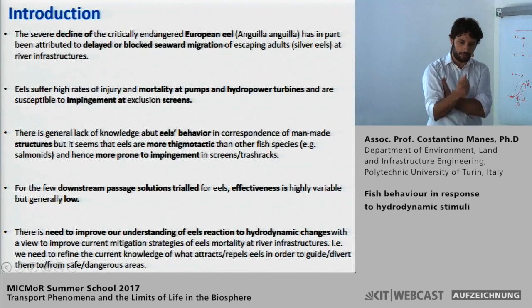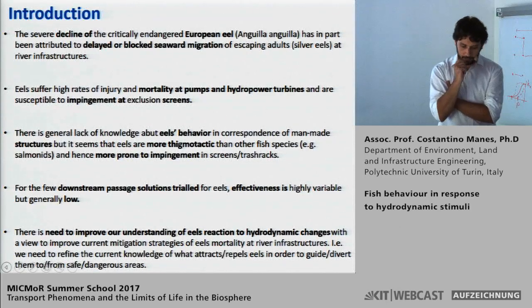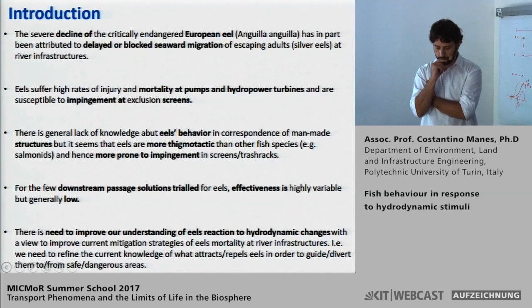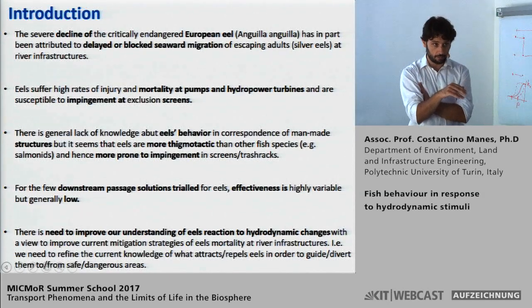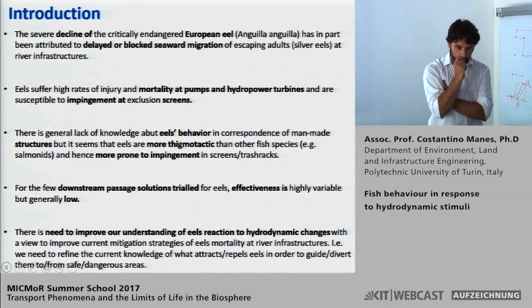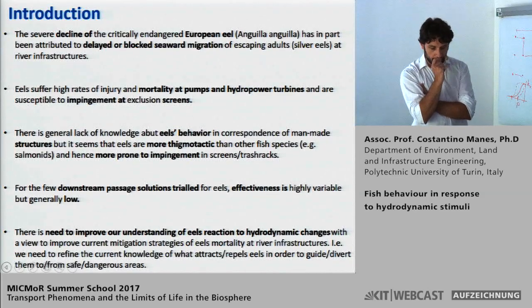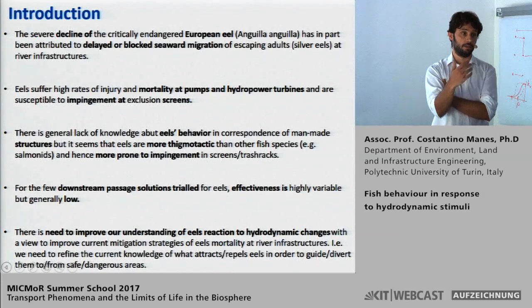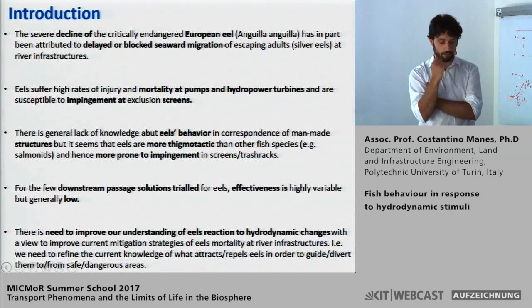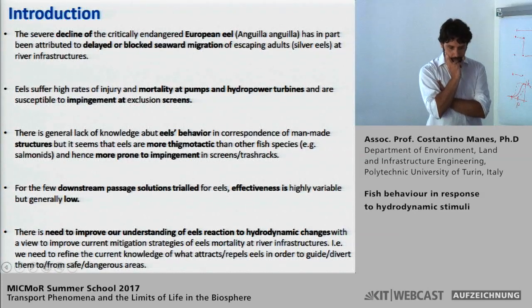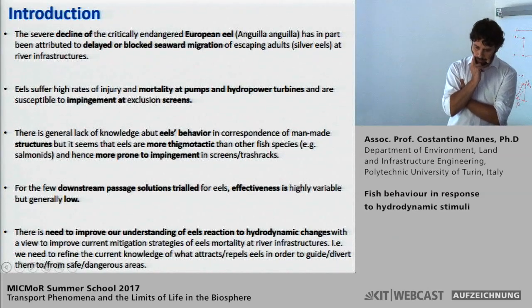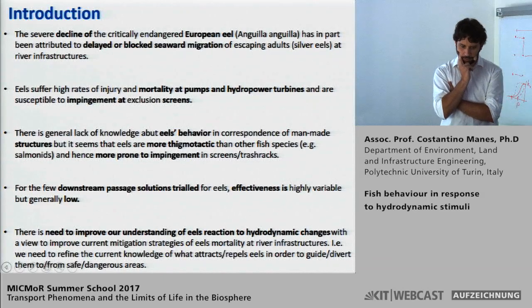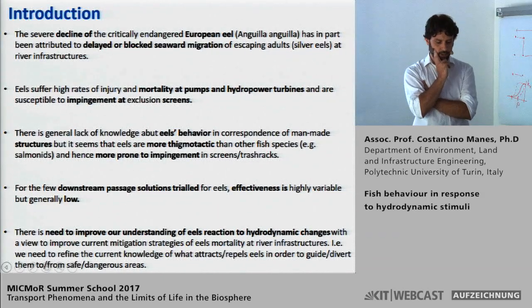As I said, there is the severe decline of the European eel because, while migrating, both upstream when they are glass eels or downstream when they are silver eels, the migration is delayed or blocked by river infrastructures like dams, weirs, and so forth. Eels suffer really high rates of mortality because they are susceptible to impingement at exclusion screens.